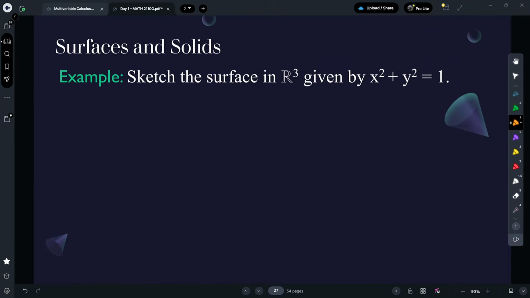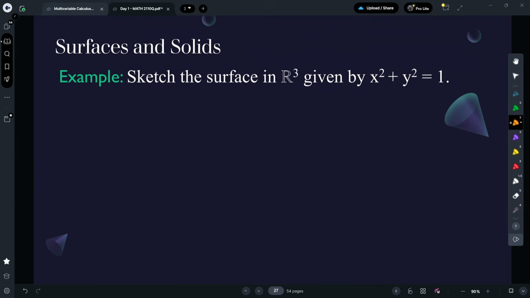What about this surface in R3 that is given by x squared plus y squared equals 1? What does that look like? What's that? I didn't hear. A circle?